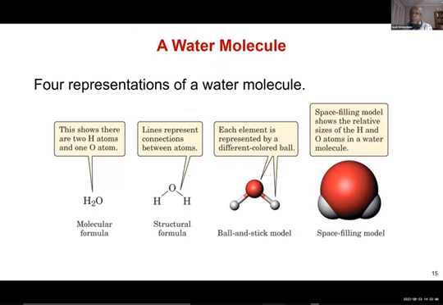The space filling model is closer to the real water molecule than the other three. When you are going through examples, we will use these different representations for molecules.